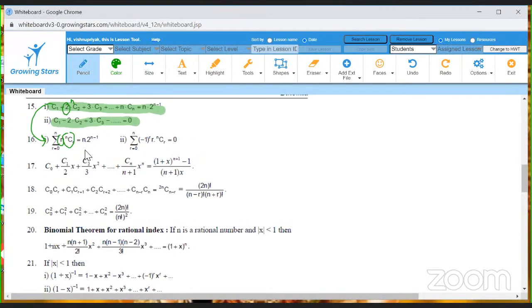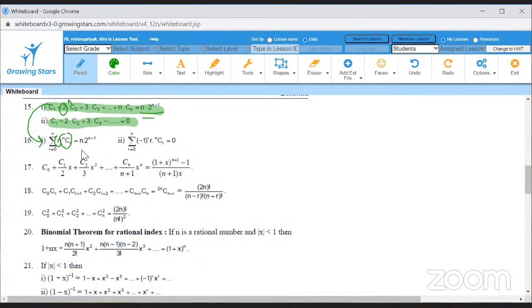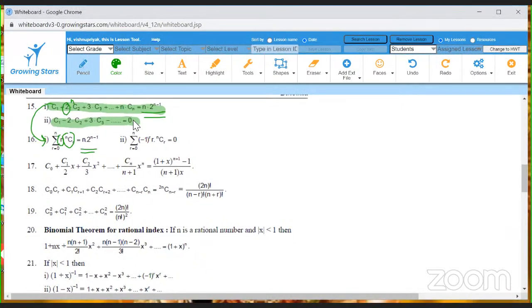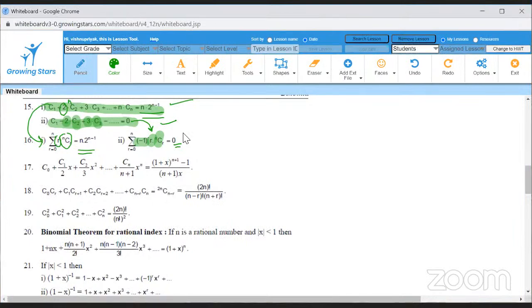Sigma of r into nCr will be n into 2 to the power n minus 1, and for the other one, with (-1) to the power r, it will become 0. You can use this one or this one.